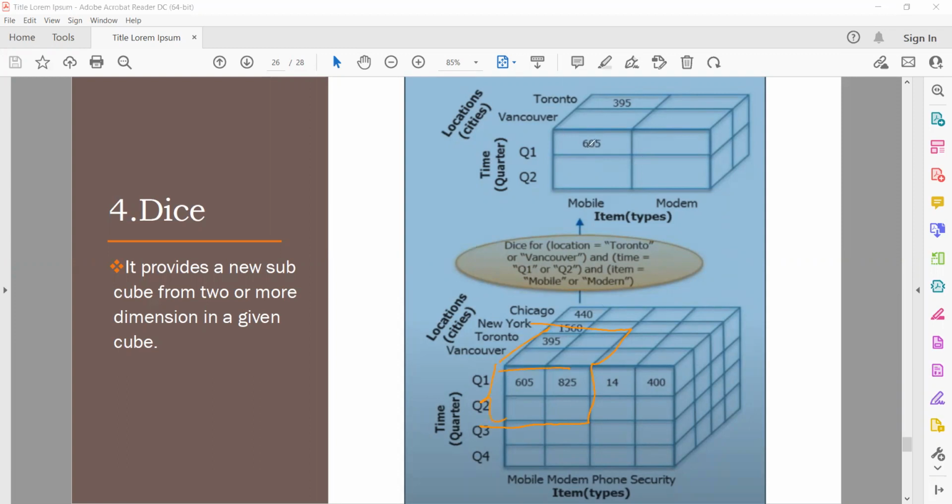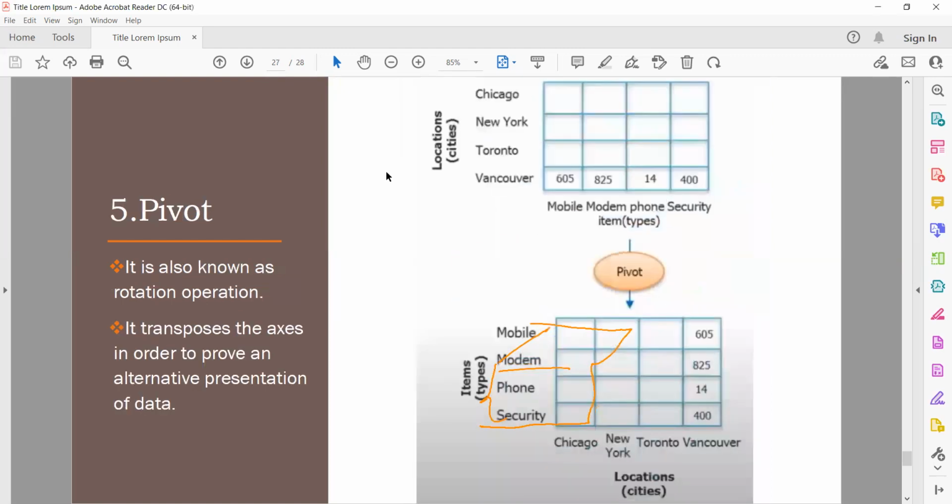So it's a small cube. From the large cube, we are cutting a small cube. That is called dice. It contains more than one dimension. That is the way you can find. The last one is pivot.